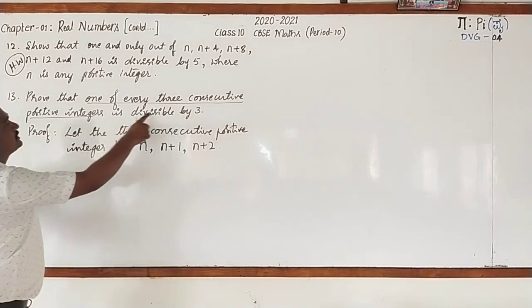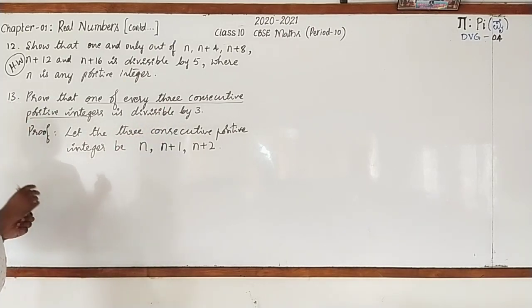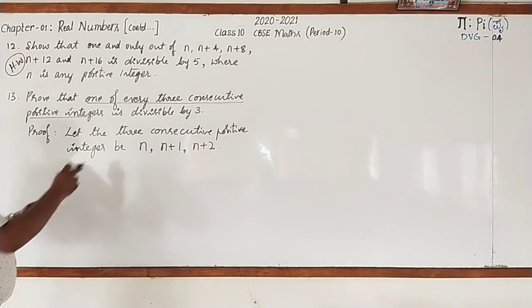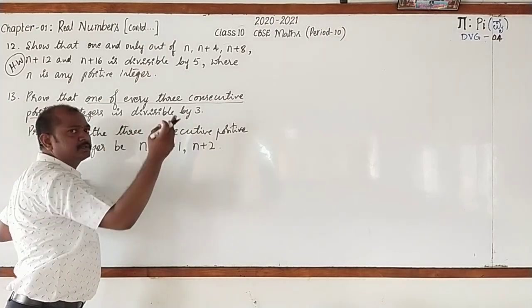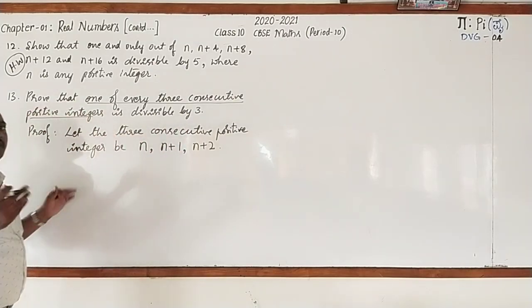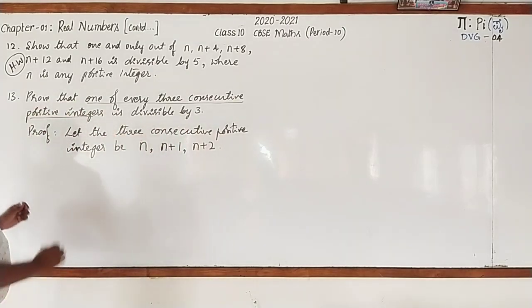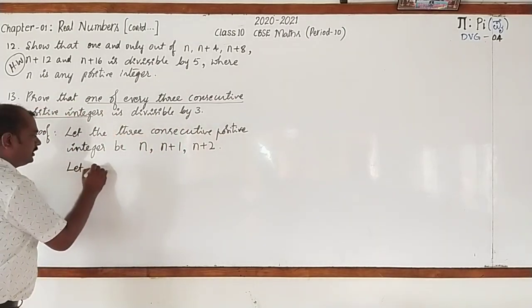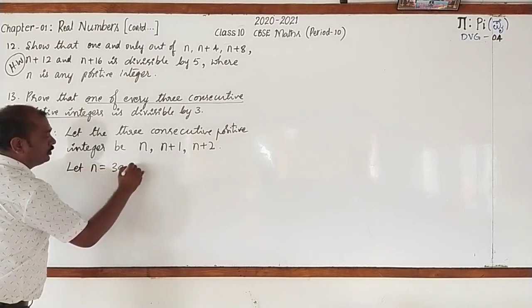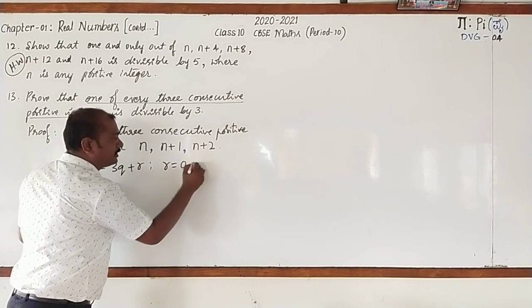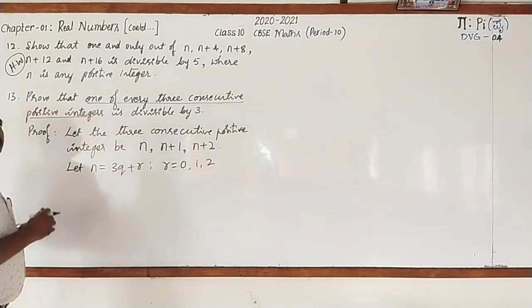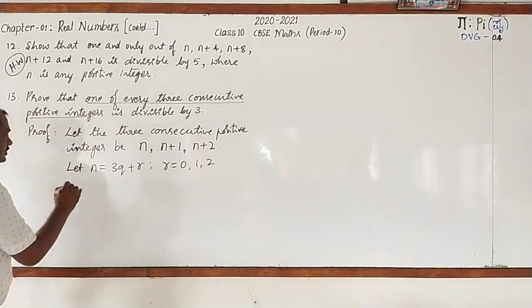Then one is divisible by 3. But how do you express positive integers? In those positive numbers, there are some numbers which are divisible by 3 and some are not divisible by 3. Hence, I take let n equal to 3q plus r. Then what are the possible remainders? 0, 1 and 2. Then how do you write the positive integers?